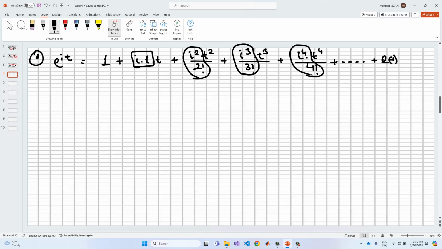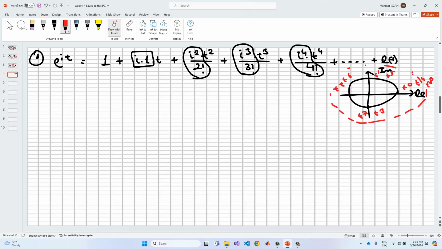This is the periodic one, right? And so at each case, just see that we have a circle in here, just like this one, real and imaginary. And so we have T0, T1, T2, T3, T4, T5, T6, T7, T8, and so on, and it goes on.